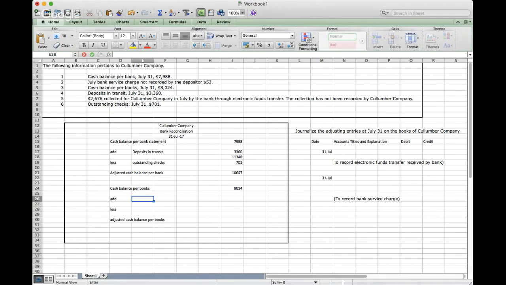And here we have electronic funds transfer. And we see that right here. So it's 2,676. So we're going to add those two numbers together.